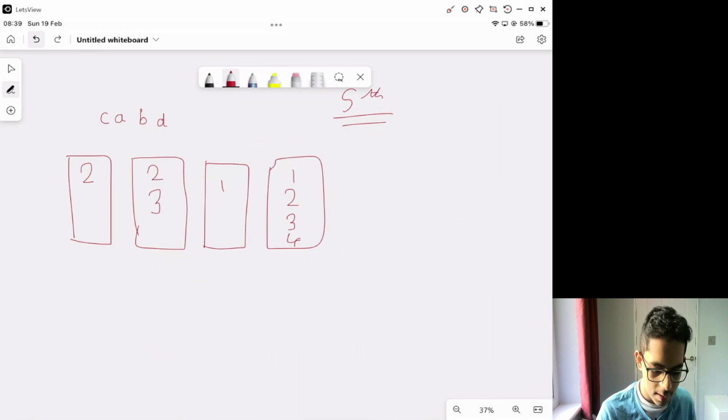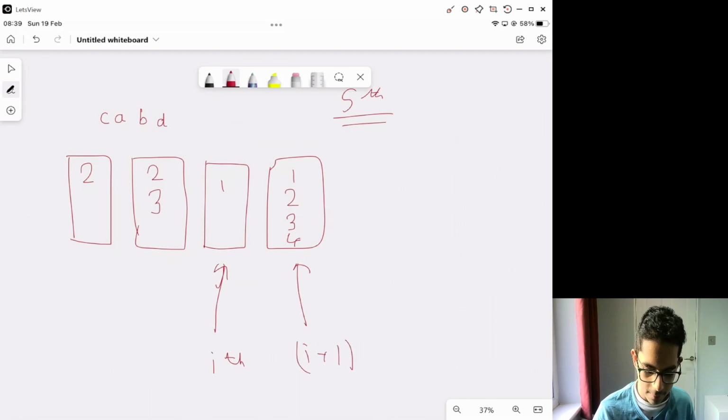Now let's formalize this a bit. If we start with 1, then there are 4 different options, any of these 4 over here. But we're just using intuition here, and we need to use code, obviously. So for the ith layer, the number of choices which each of the particular spots inside the ith layer has would be the number of permutations in the (i+1)th layer.